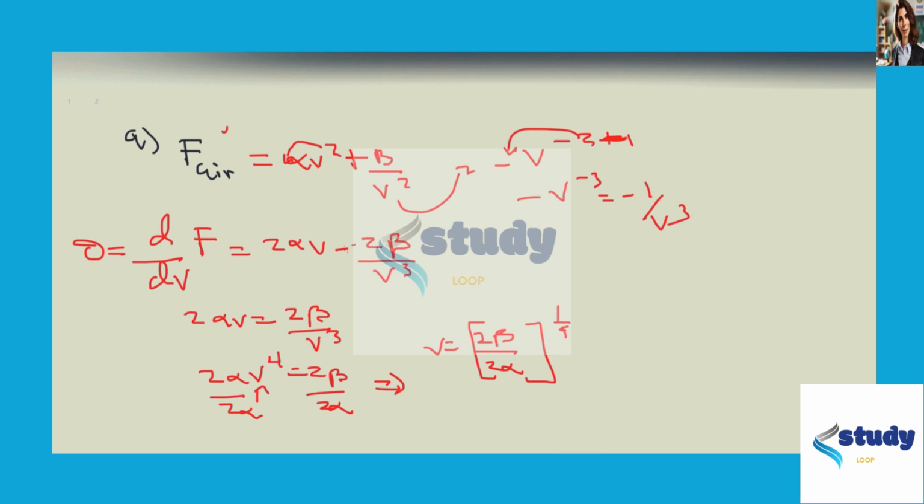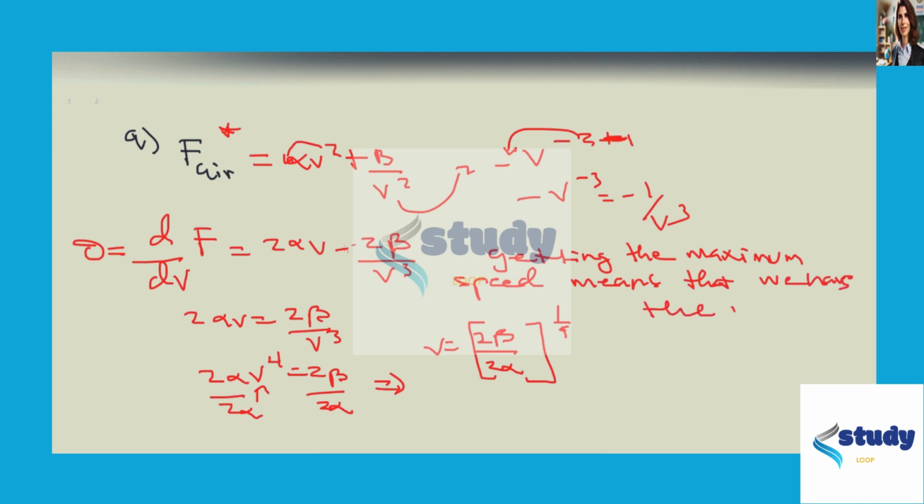So we can make that statement here, that getting the maximum velocity means that we have the max range.